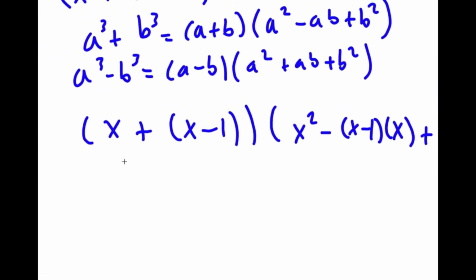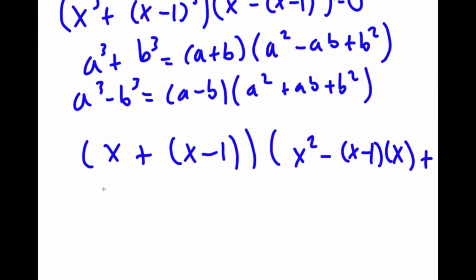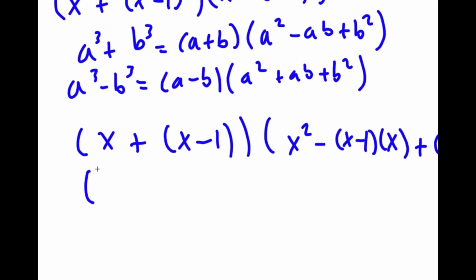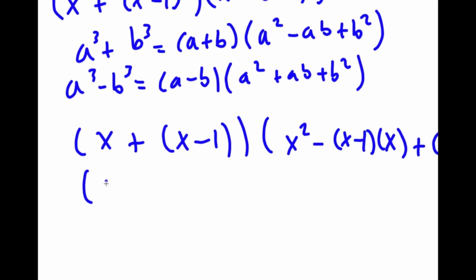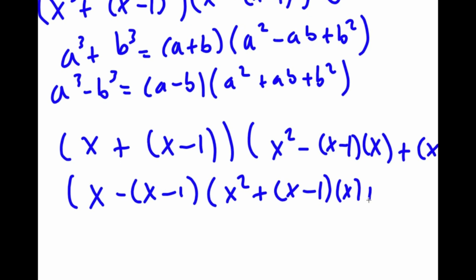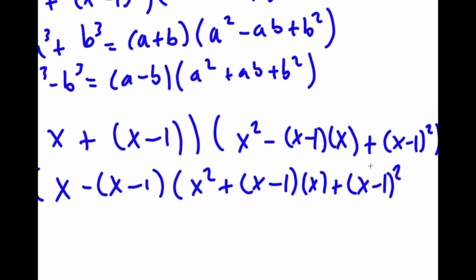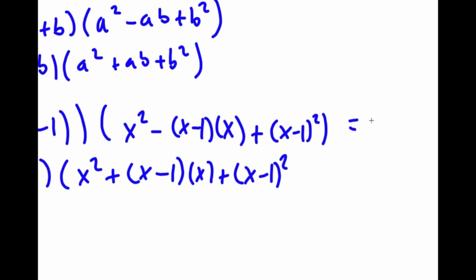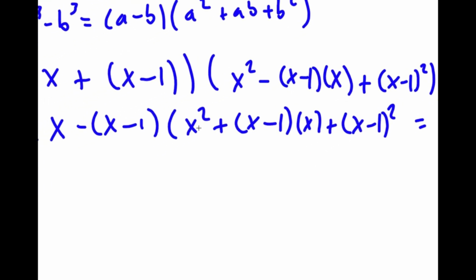And then we have this times x minus 1 times x squared plus x minus 1 times x plus x minus 1 squared. And these two are actually separate equations. So this is equal to 0 and this is equal to 0.